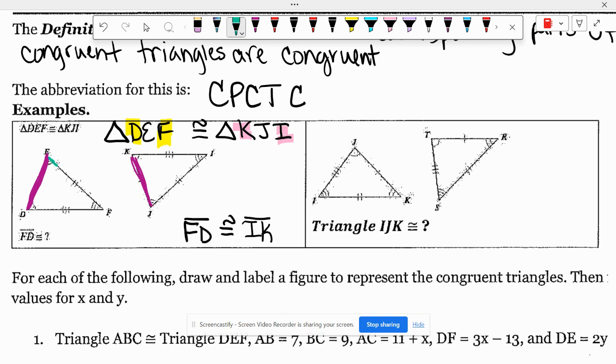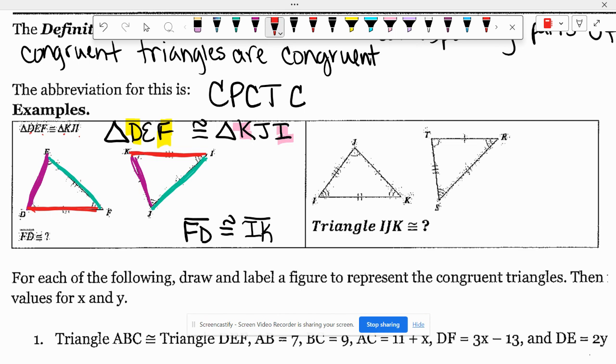Side EF, that's the second 2 letters, corresponds with JI. And then the last, DF, corresponds with KI. So the colors that match are the congruent pairs of sides.